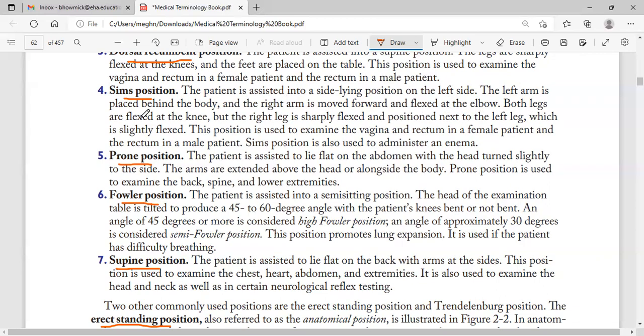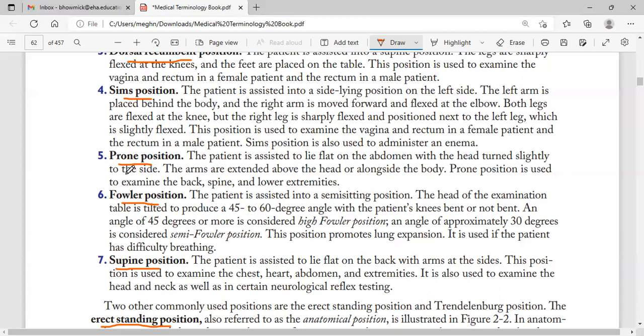Both legs are flexed at the knee, but the right leg is sharply flexed and positioned next to the left leg, which is slightly flexed. This position is used to examine the vagina and rectum in female patients and also rectum in male patients. Sims position is also used to administer an enema.